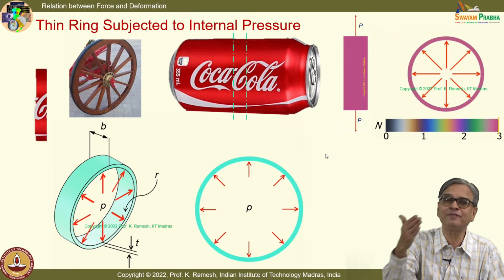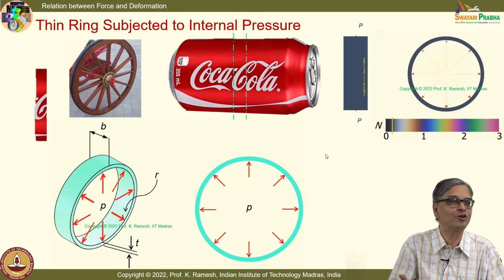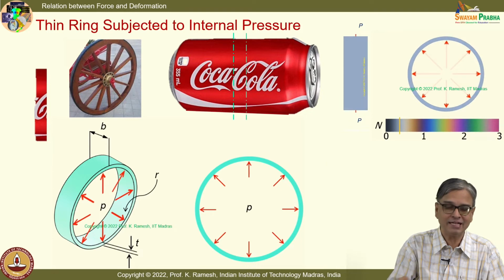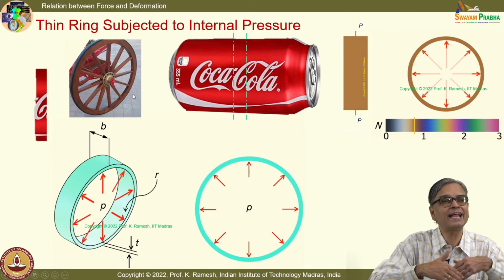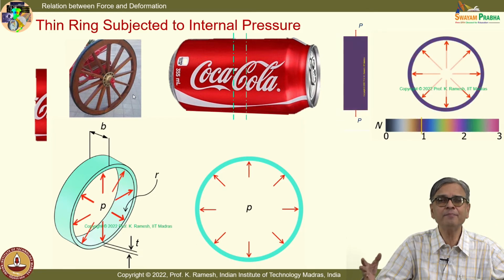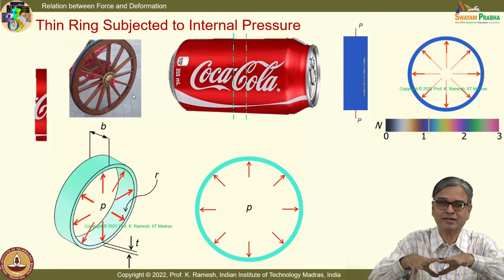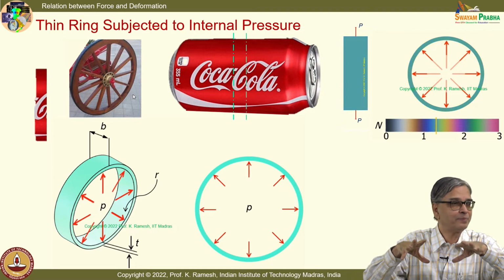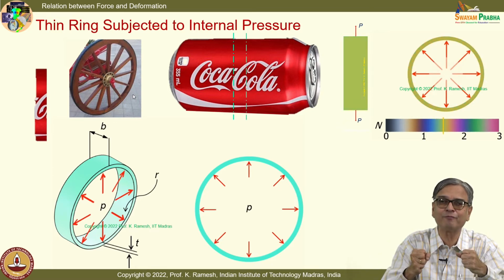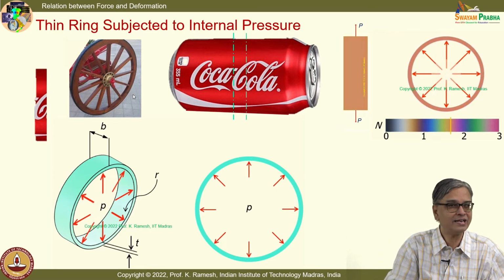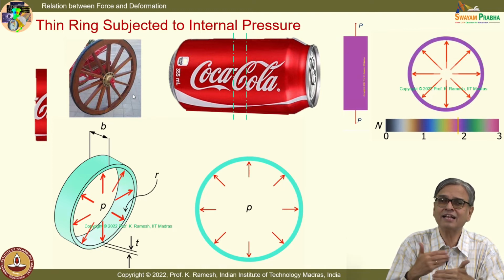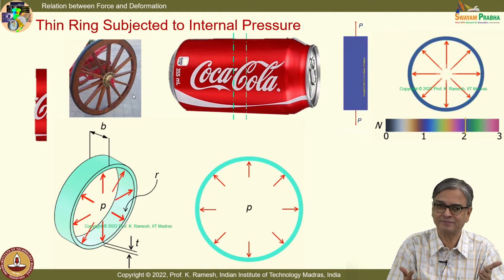They have a wooden wheel, and if they want the wheel to have a long life, they put a steel rim on it. So, they heat the steel rim and then put it on. When the temperature cools, it grips the wooden wheel and enhances the life of the wooden wheel. In fact, we are solving a problem like that.